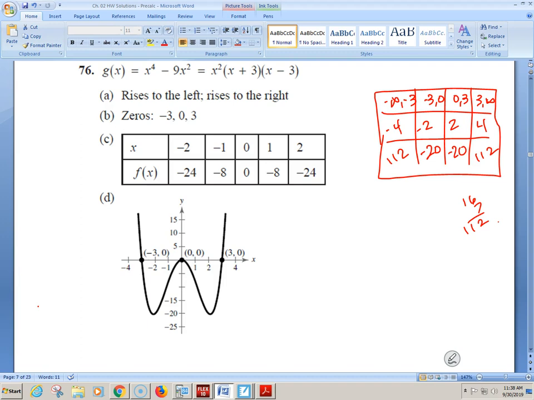Now, here's the table I would have made. Because I would have looked at all my zeros and I would have been like, I need to figure out a point here-ish, here-ish, here-ish, and here-ish. It's kind of preparing you for something in calculus. But I would have split up that x-axis into 4 pieces and said, I need one guy from each of you, and let's get an idea.